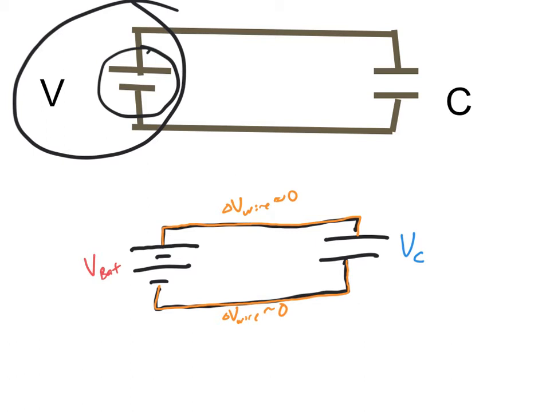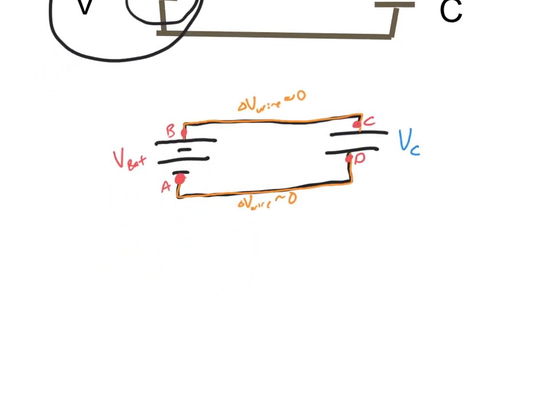When I start measuring across everything, I can measure from location A to location B, from location B to location C, from location C to location D, and from D back to A. That'd be a closed loop.